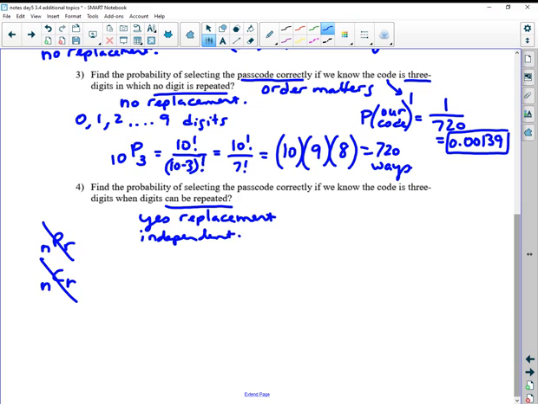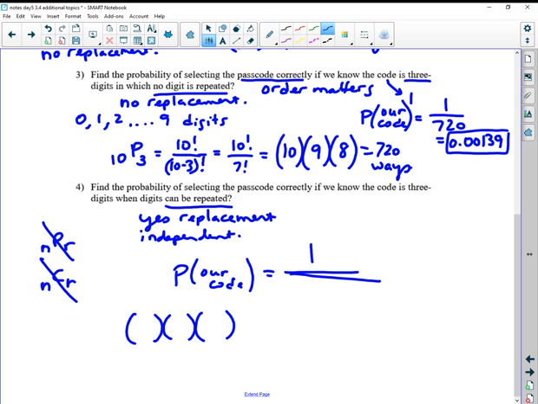So we'll have to think through our code. Well, the probability of getting our code, again, there's still only one way to do that. But in the denominator, how many ways can we get the code? Thinking back to my parentheses, the first digit could be 10 ways.